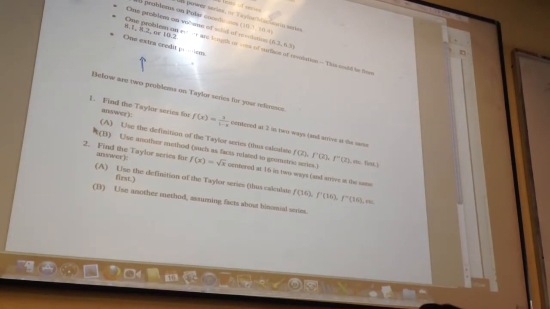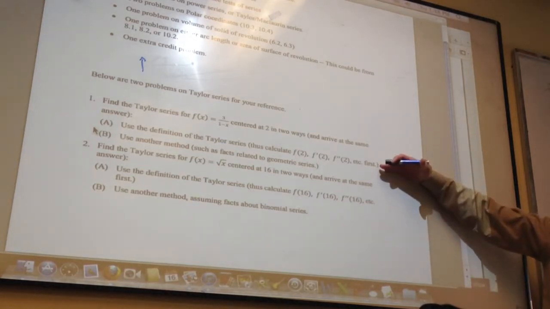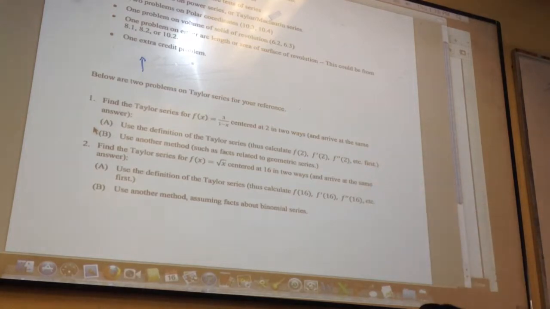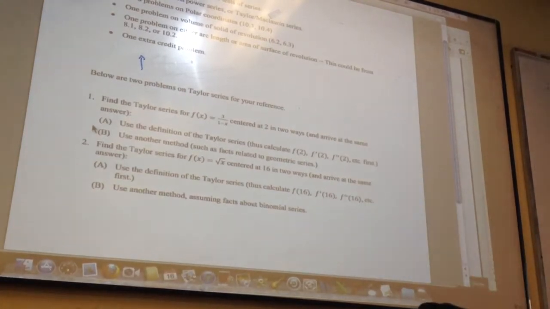Right? So if you somehow show that this function is a sum of any series centered at 2, then that series must be the one that you construct in part A, right? Using the definition. So these two have to agree with each other. Okay, so could you spend some time doing this? This one is similar.